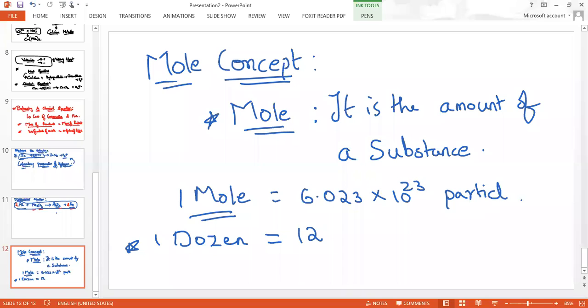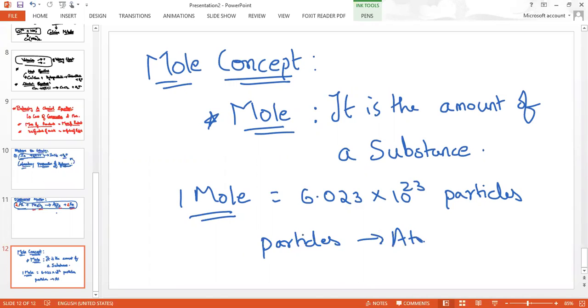Now what are particles? Particles can be atoms, molecules, or ions. So whatever we are discussing now is very important.